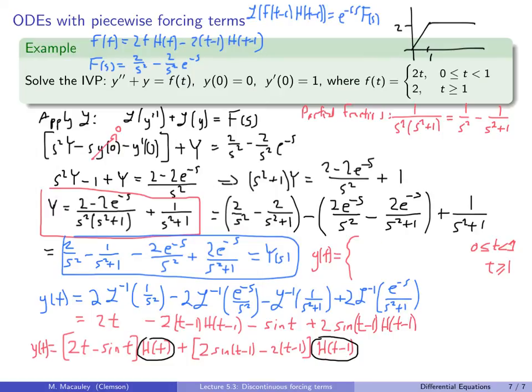So up here, this thing is 0, so let's ignore this entire term. Get rid of it. And let's make this thing equal to 1. So when we do that, all we get is this thing here times 1. So let's write that down. So 2t minus sine of t goes up here.